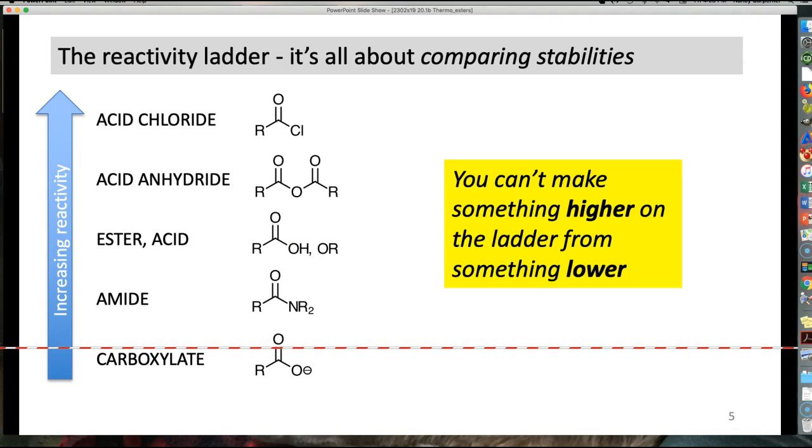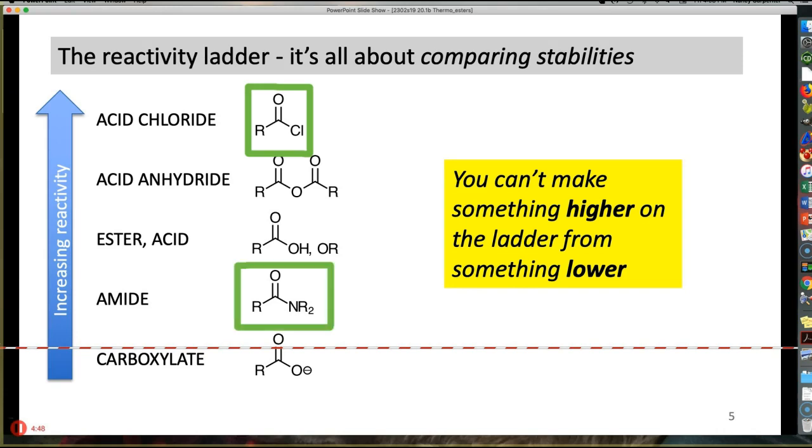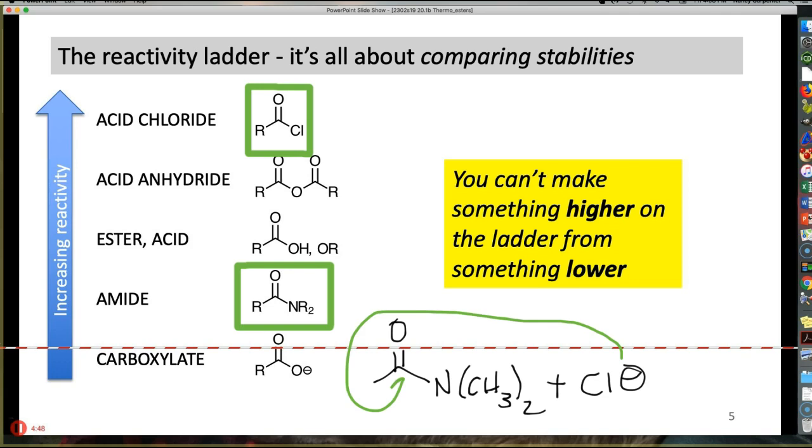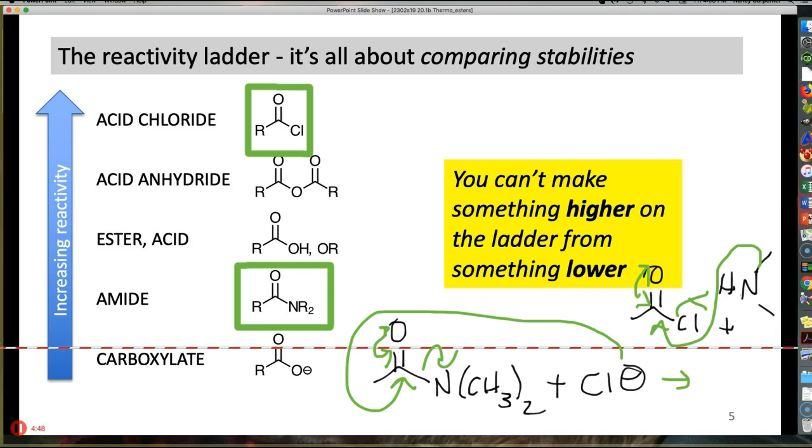So what this boils down to is, if I want to make an acid chloride from an amide, for example, by doing, let's do this, and do our little up, down, and out to give me this plus that, that is not going to be favorable because the nitrogen is going to very happily come back and kick out the chloride in a heartbeat. Well, that obviously poses some issues. Later.